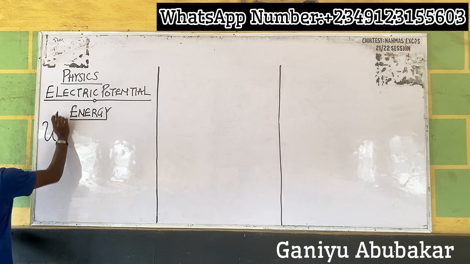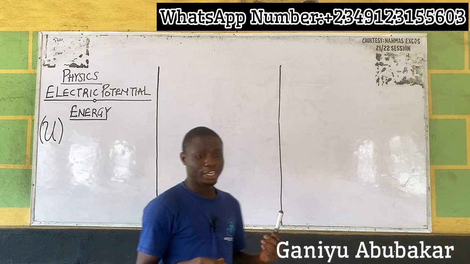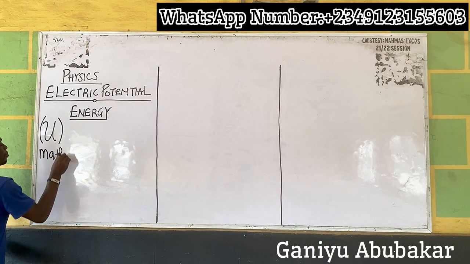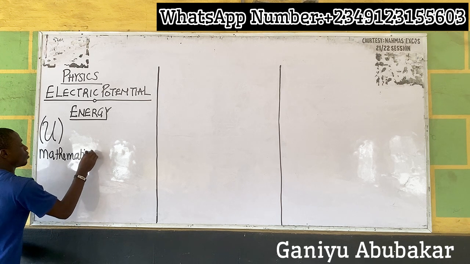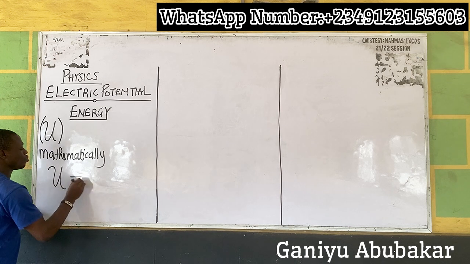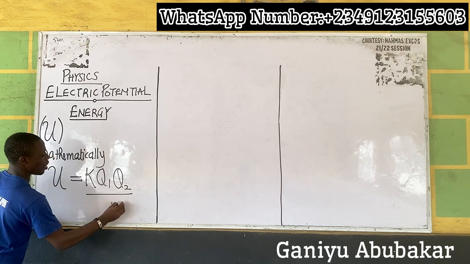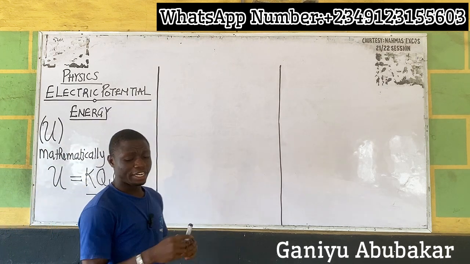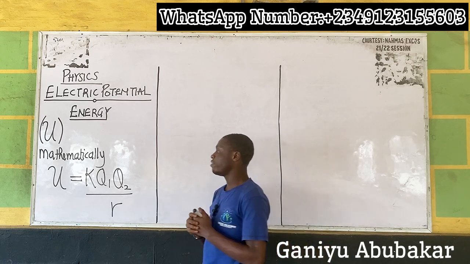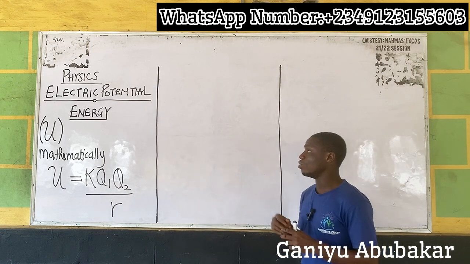So let's just use U. U is the symbol for representing electric potential energy, and mathematically, this U, that electric potential energy, is equal to KQ1Q2 all over R. Electrostatic potential energy or electric potential energy is given by KQ1Q2 all over R, as you can see on the board.